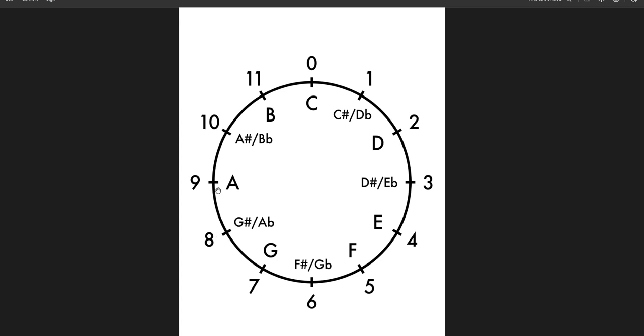Second fret is A, third fret is A sharp, fourth fret is B, fifth fret is C, sixth fret is C sharp, seventh fret is D, eighth fret is D sharp or E flat, ninth fret is E, 10th fret is F, 11th fret is F sharp or G flat, and then finally we're back to G when we get to the 12th fret.